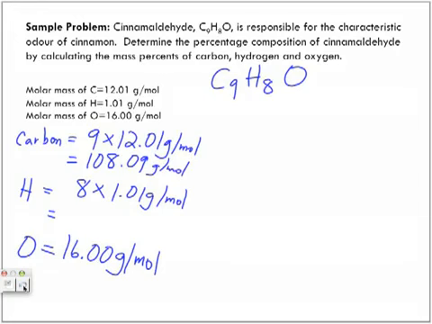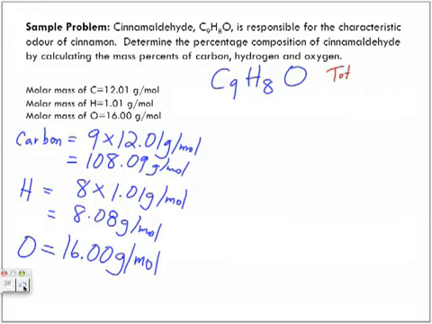What do we get for hydrogen? 8.08 grams. Okay. Now, how much of this do we have? What is the mass of this total compound, of cinnamaldehyde? 132.17. Okay, so total mass.